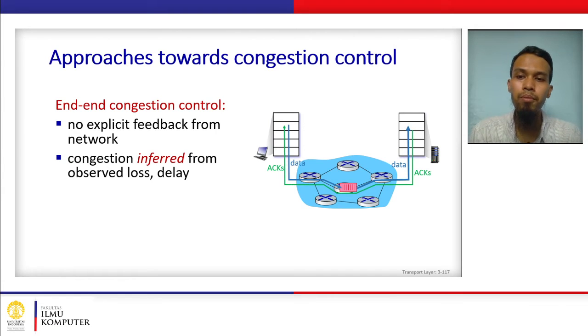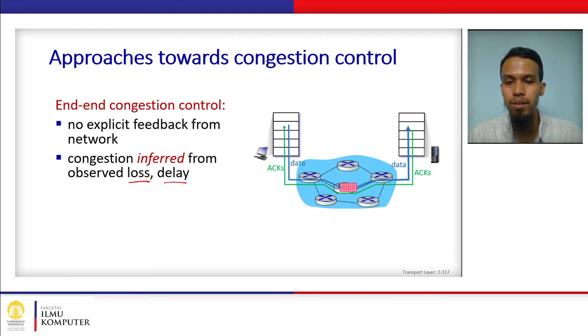There is no feedback from the network. This is what we have in pure end-to-end congestion control from the transport layer. So the congestion is inferred from the observed loss and delay. How does TCP know that there is a congestion? As we have already studied before, TCP can get information about packet loss.